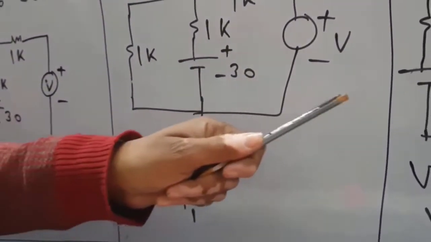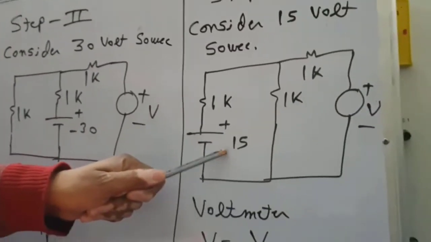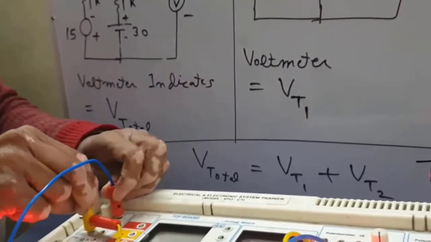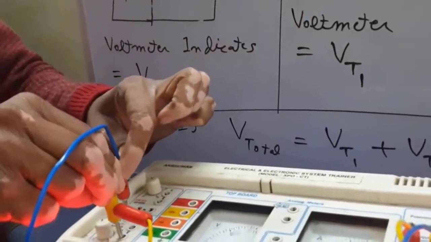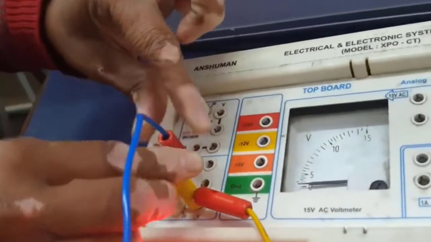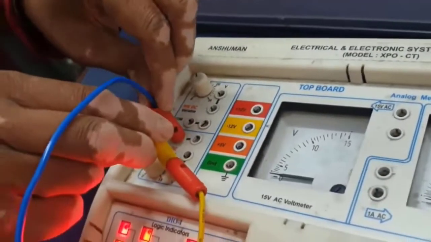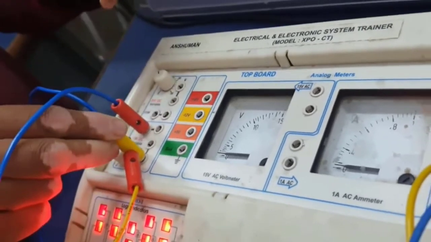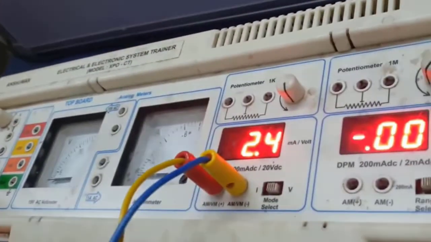In the next step, we use the other source, the 15 volt source. This source is removed, and we disconnect this battery and connect the 15 volt source here. This is 2.4.